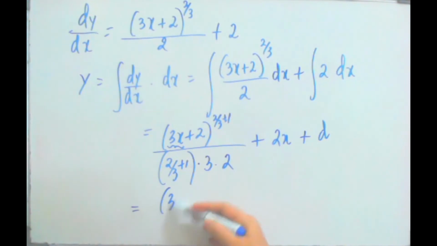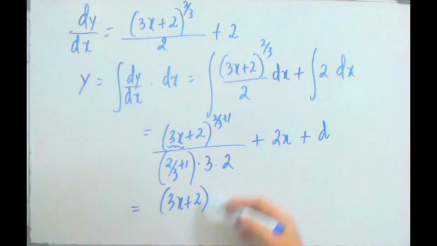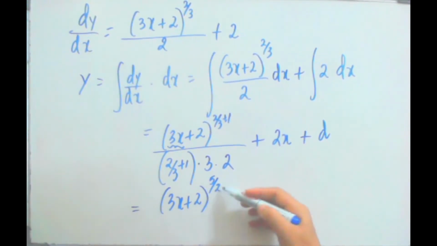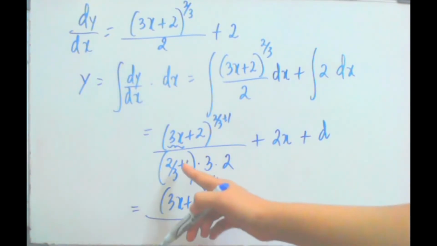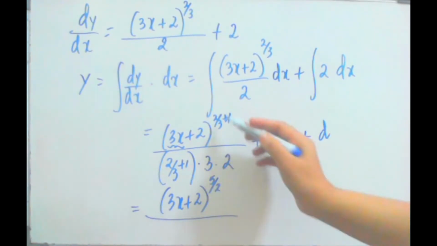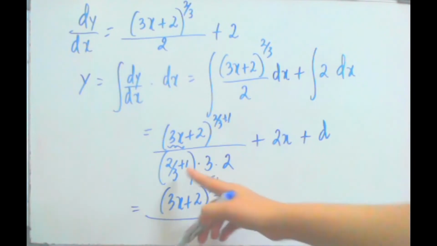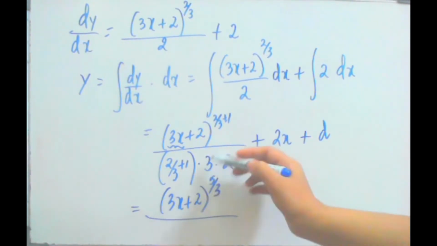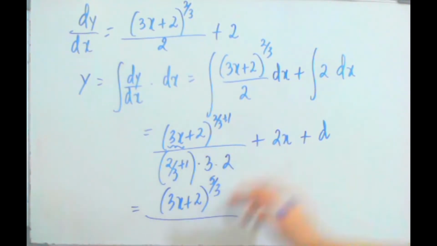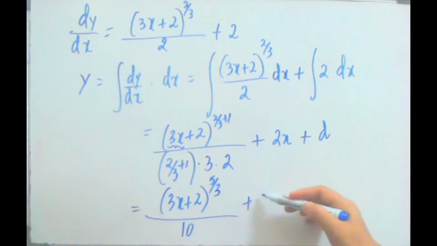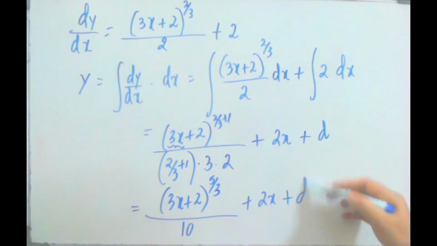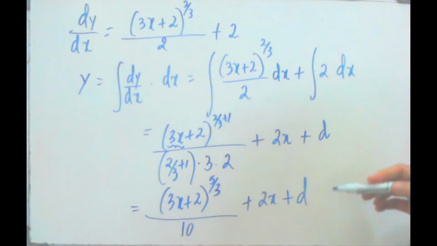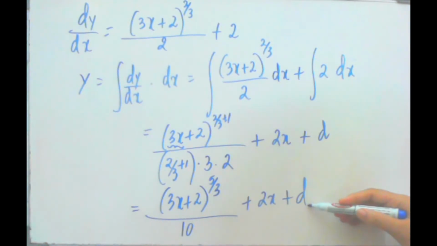The simplification will lead us to (3x plus 2) power 5 over 3 divided by, you will observe that this is 5 over 3, that 3 will cancel with this 3, so 5 into 2 is 10, plus 2x plus d.